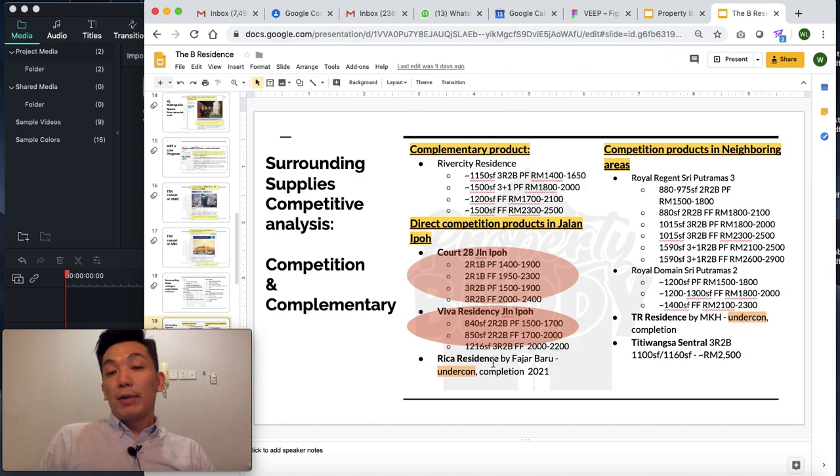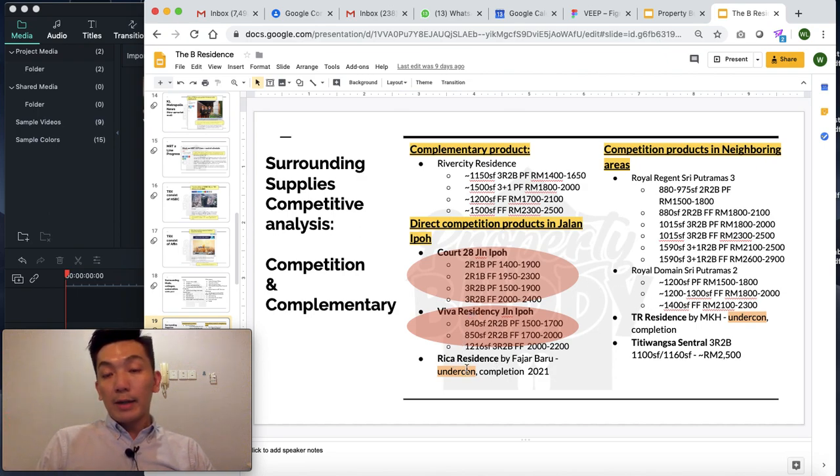Then we have Rika Residence. Of course, Rika Residence is not completed yet, so we don't have a rental benchmark. But this is good because, as mentioned in our video, it will increase the supply of similar layouts, 1-bedder, 2-bedder, 3-bedder in Jalan Ipoh.